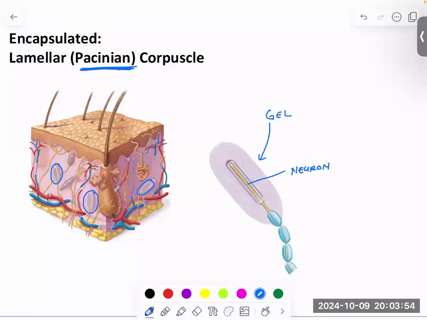So what is this one responsible for detecting? Deep pressures, when someone's really applying pressure, force to your skin. High and strong vibrations. This one is located deeper in the skin. Named after scientist Pacini. Pacinian corpuscle.